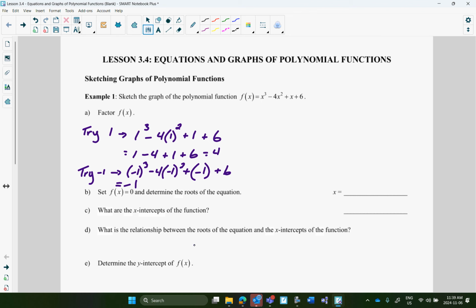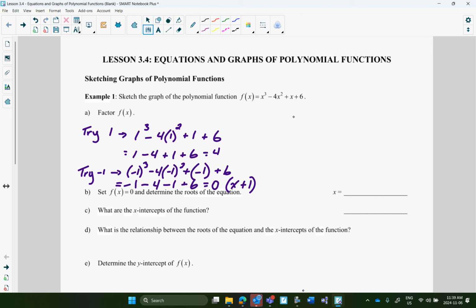Negative 1 squared is positive 1 times minus 4 is minus 4. Minus 1 plus 6. Yeah, that's going to work out to 0. So x subtract negative 1 is a factor, x plus 1.